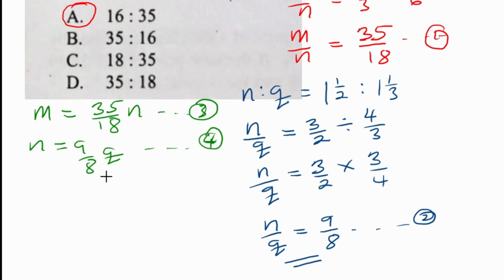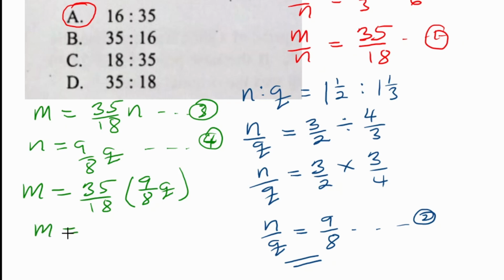And substituting equation 4 into equation 3, I'm going to have m equals 35 over 18 multiplying 9 over 8 q. Remember, whenever we see n, we are substituting this there. And then multiplying further, we're going to have m being equal to, since it's multiplication, 9 goes here, 1 goes here, 2.